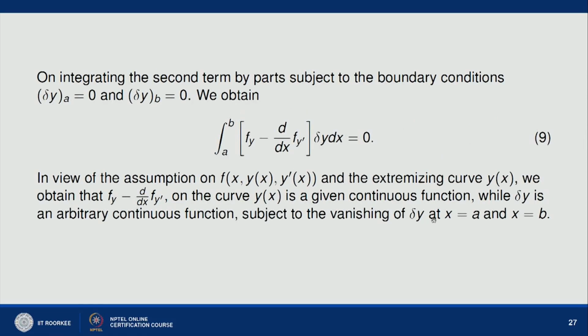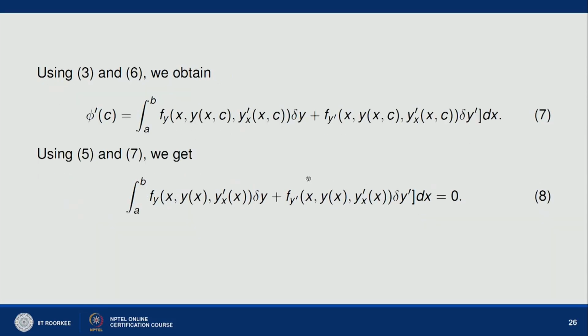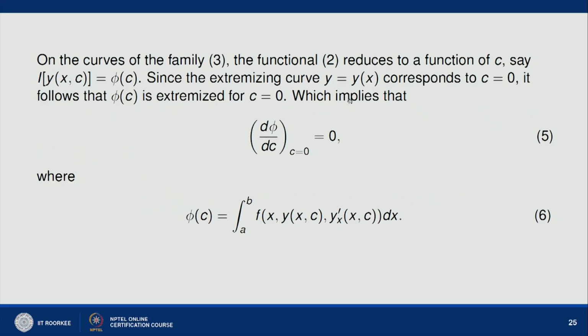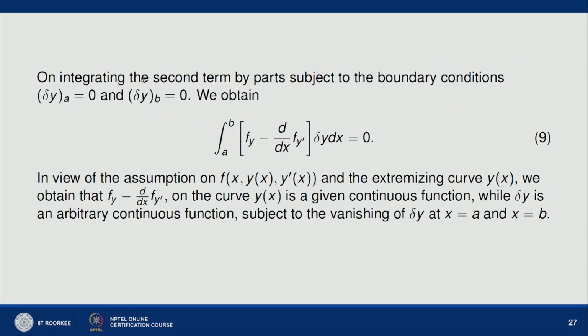Now here we can simplify this second term in a way such that you can use integration by parts and shift the derivative onto f y dash. So here we integrate the second term by parts, subject to the boundary conditions delta y of a equal to 0 and delta y of b equal to 0, and we may obtain it like this.